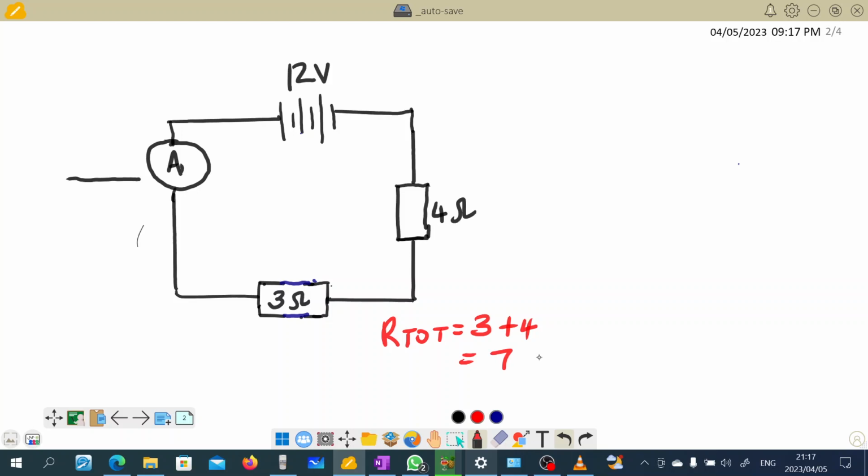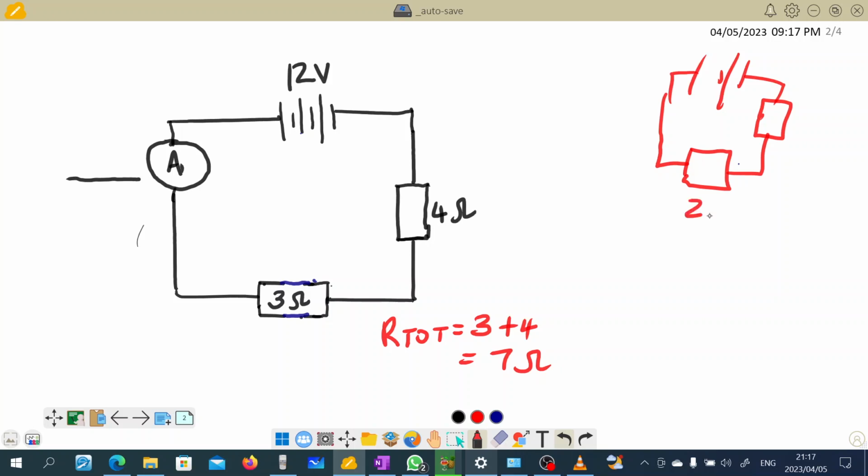But previously, the R total, if you remember, R total was 2 plus 4. This was 2, this was 4. So R total was 6 ohm. But now R total is 7 ohm. If you remove 6 ohm, R total becomes 7 ohm.